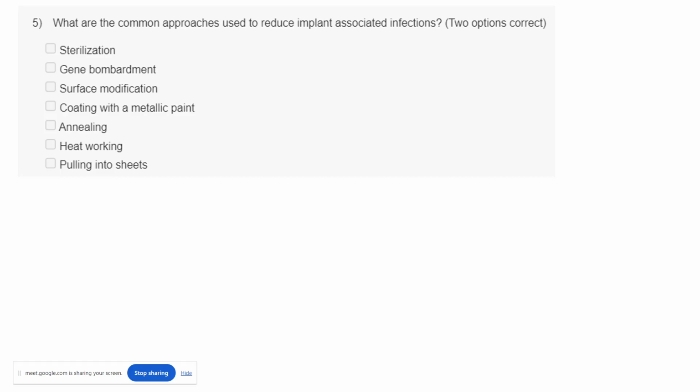Ma'am, sterilization and surface modification. Okay. What about others?